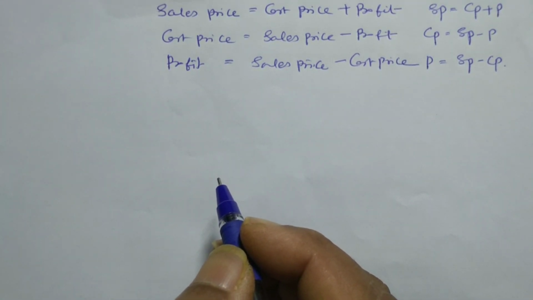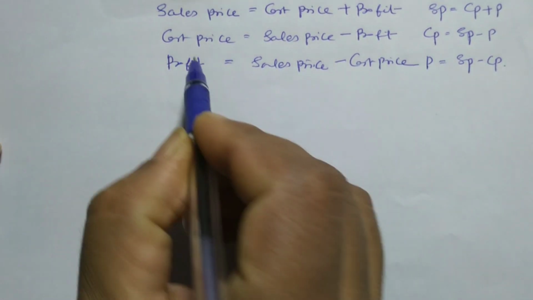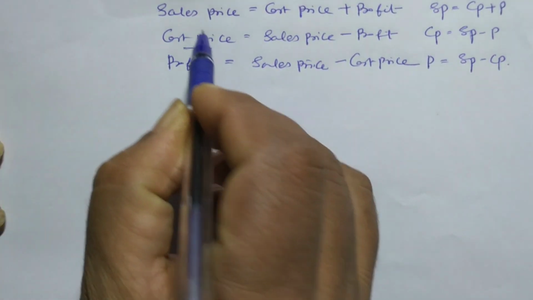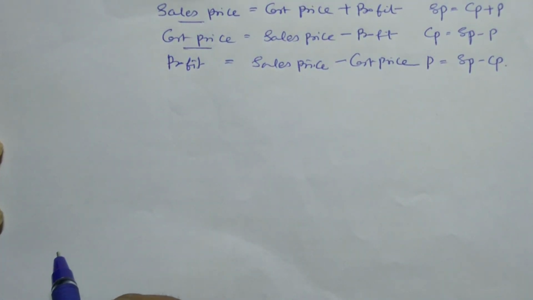Whenever the consignor is sending goods to the consignee for sale, he may send goods based on cost price or he can send on sales price. The pricing of goods is given in the problem.